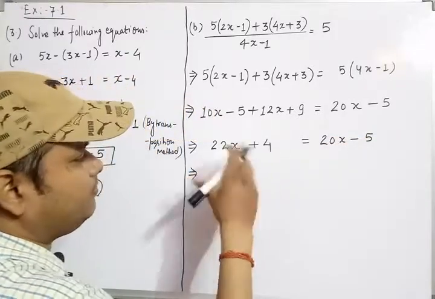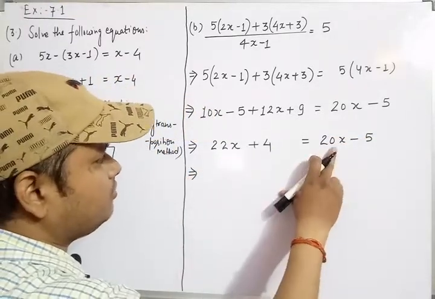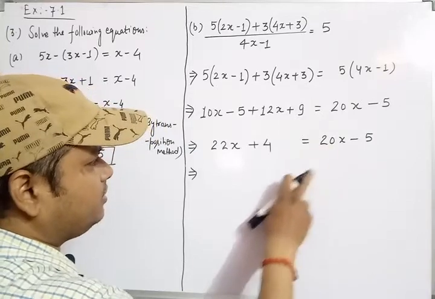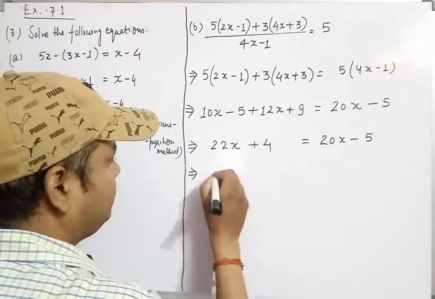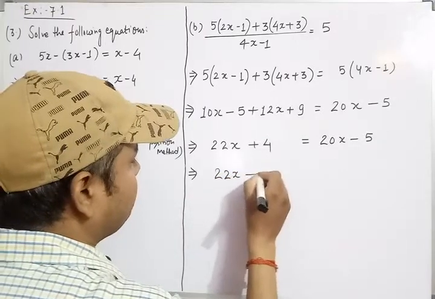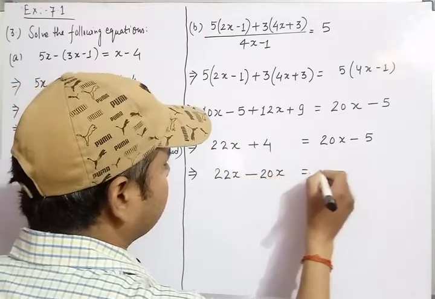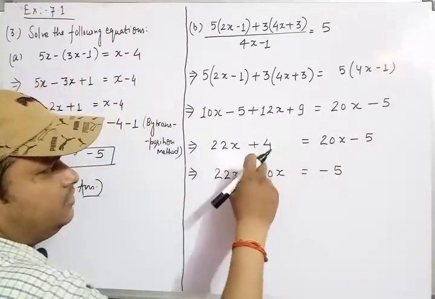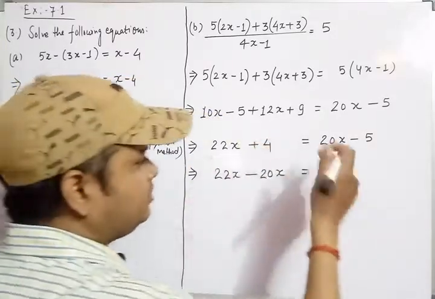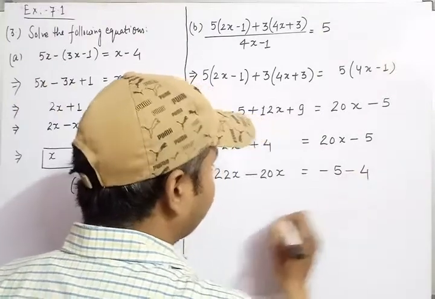Now students, we have to apply the transposition method. So we have to shift 20x to LHS and 4 to RHS. So we can write 22x minus 20x is equal to minus 4, and here we shift 4, then the sign of 4 has changed, so we write minus 4.